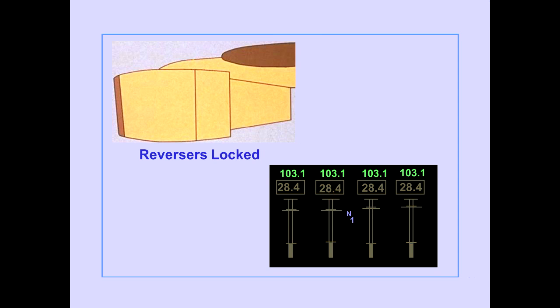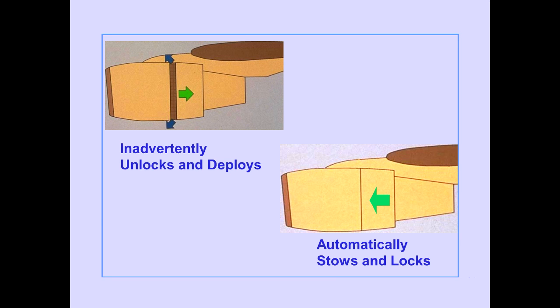When the reversers are locked in the stowed position, the reverser status annunciators are no longer displayed. If a reverser inadvertently unlocks and deploys, the thrust reverser system automatically applies bleed air to the reverser to stow and lock it.